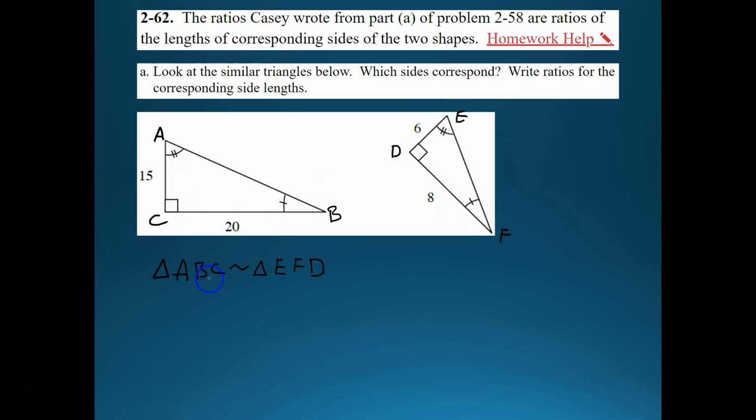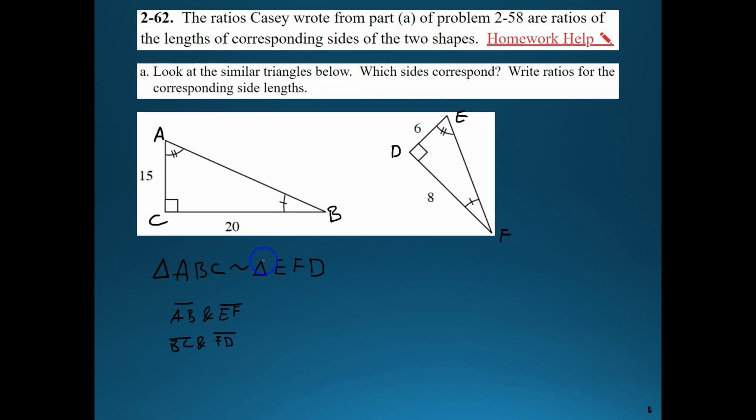Okay, so now just from this similarity statement, we can identify what the corresponding sides are. We could have done that just from looking at the figure, but I wanted to show you both ways. So side AB corresponds to EF. BC corresponds to FD, because BC is the second pair on the left here.